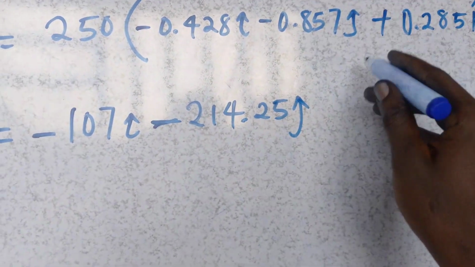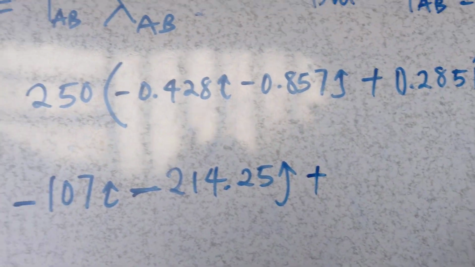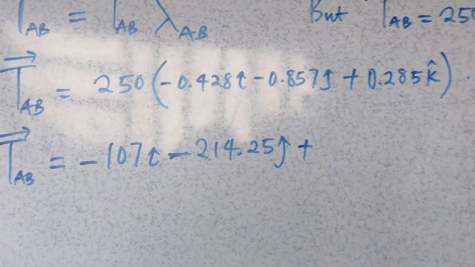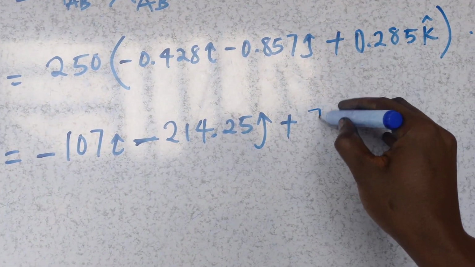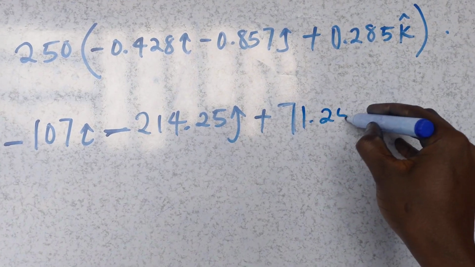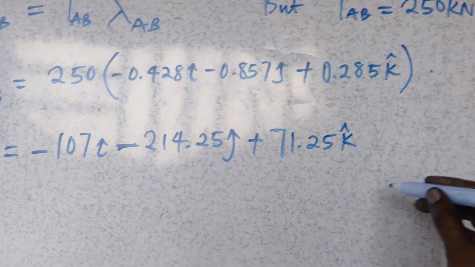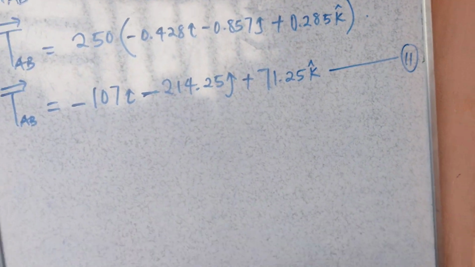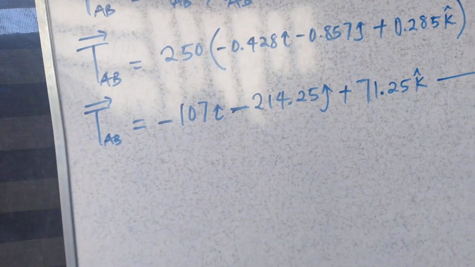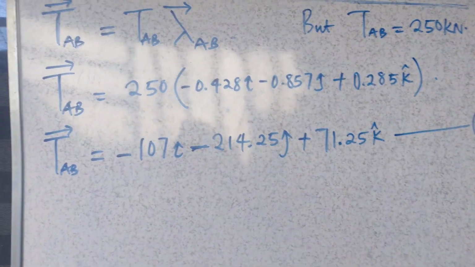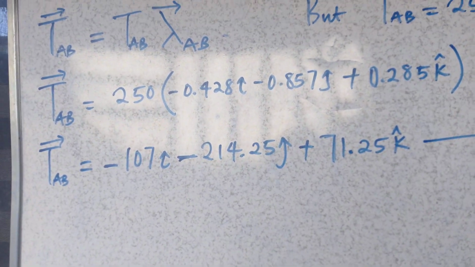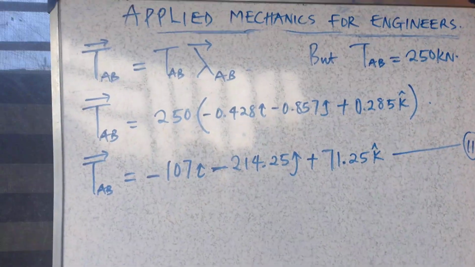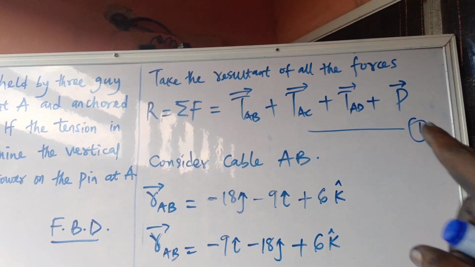Then this will multiply this, which is positive, so 250 by this other one gives me 71.25K. Of which I can call this one equation 2. Alright, so this is it: minus 107I minus 214.25J plus 71.25K. That's equation 2. Recall that this is equation 1.